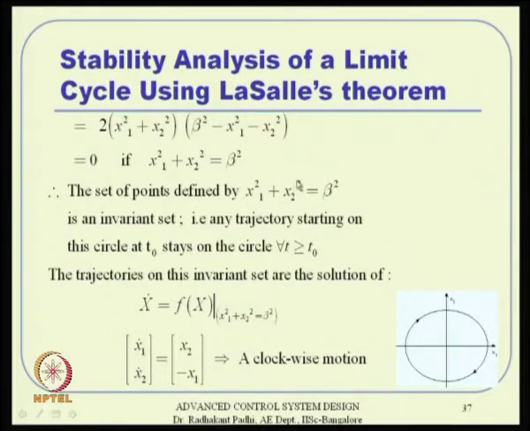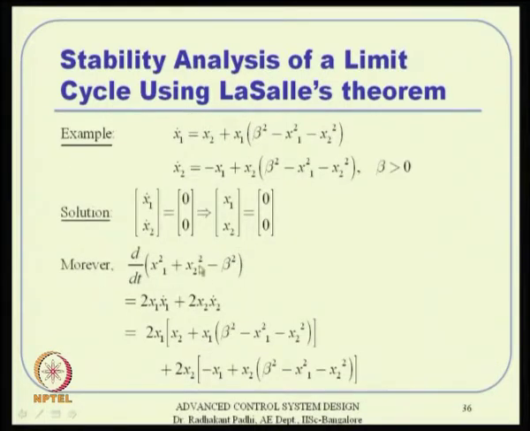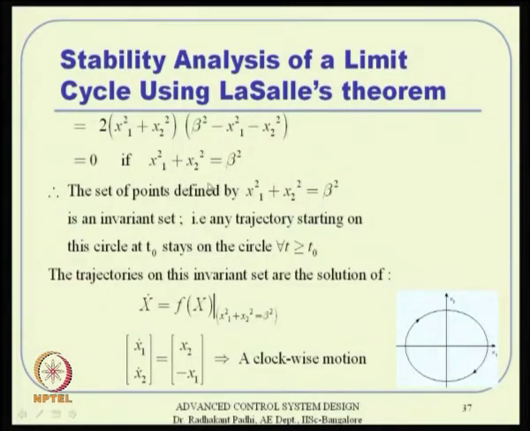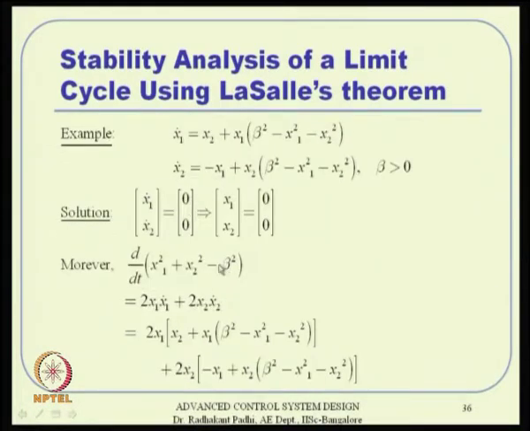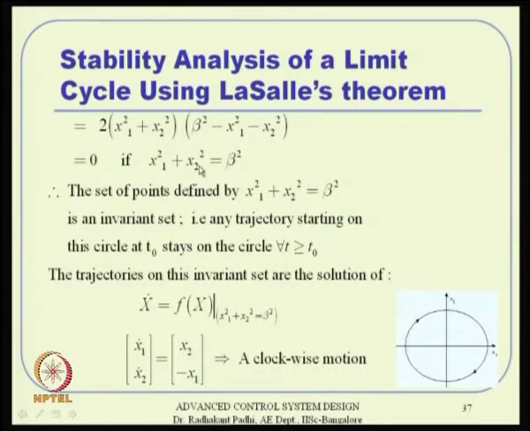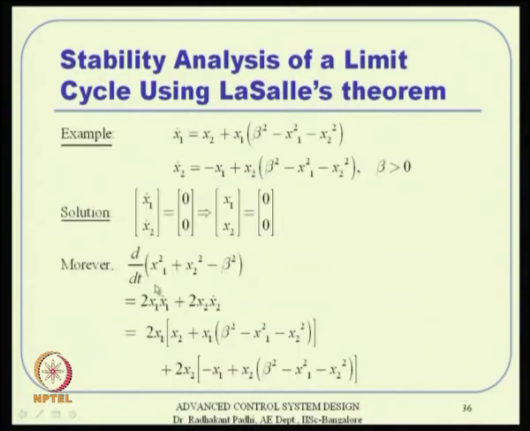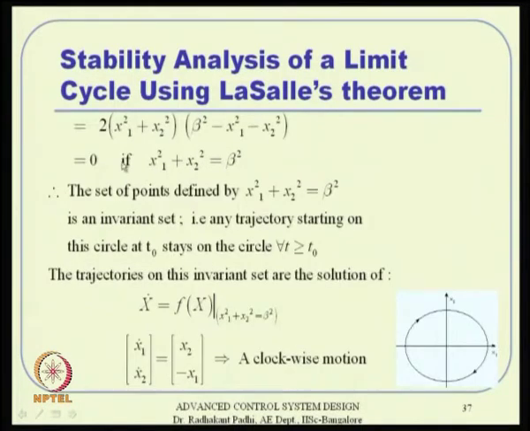That means, if I satisfy this equation in the beginning itself, then I will keep on satisfying this equation, because the rate of change of this expression is 0. The condition is again this expression: x1 square plus x2 square minus beta square. If I take x1 square plus x2 square minus beta square equal to 0, then the derivative of that expression is again 0.